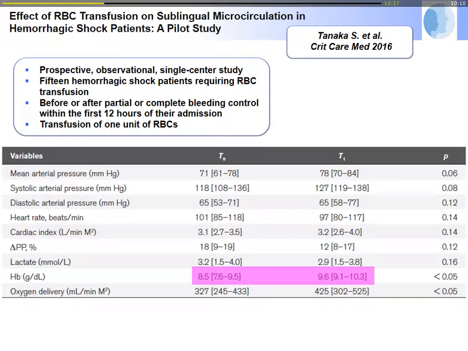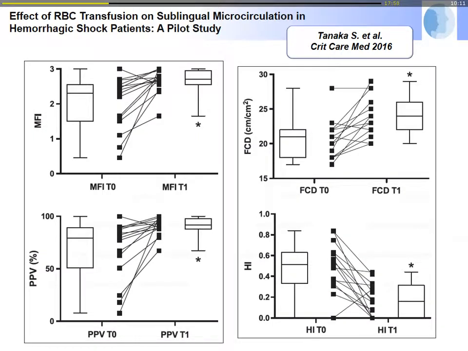It's an observational study. And you can see that despite the fact that we have apparently a good level of hemoglobin, it was 8.5 at the level of the macrocirculation, they give blood, and what we observe at the level of microcirculation is that in some patients, despite the fact that we have a systemic hemoglobin level which was okay, at the microcirculation level, we have a deep alteration of microcirculation.